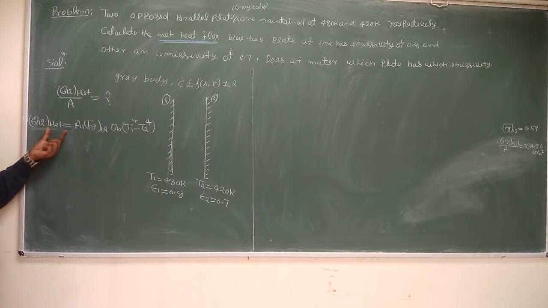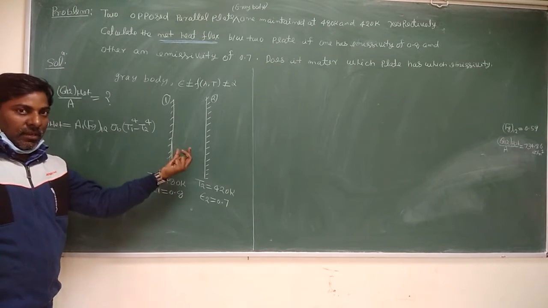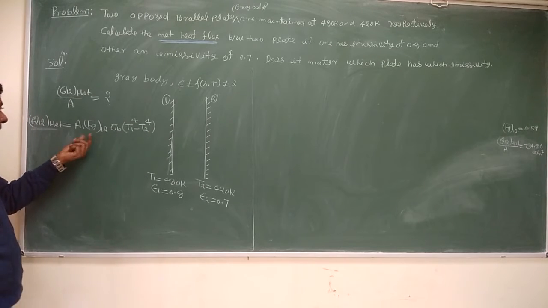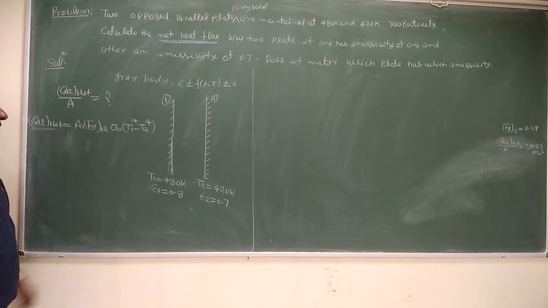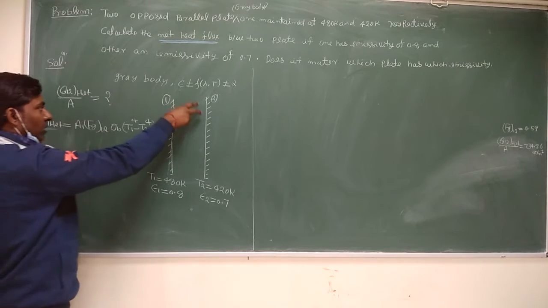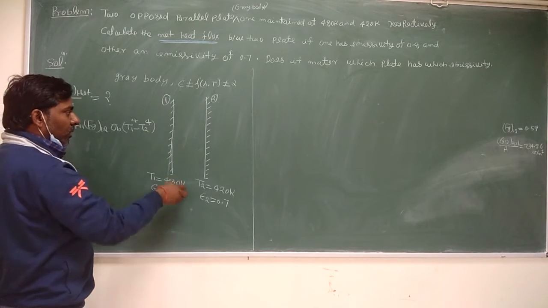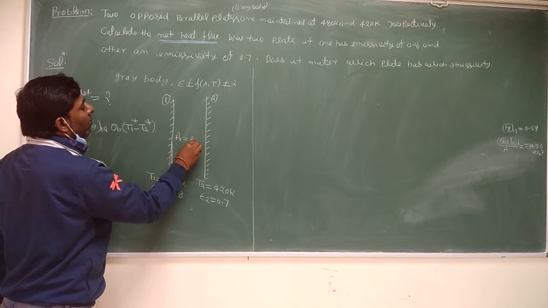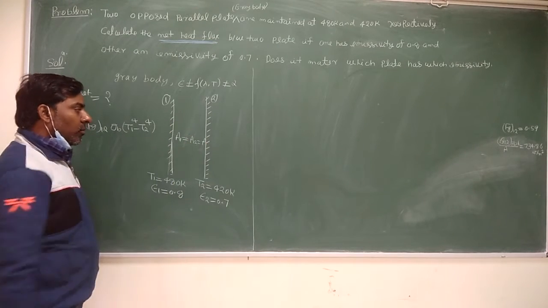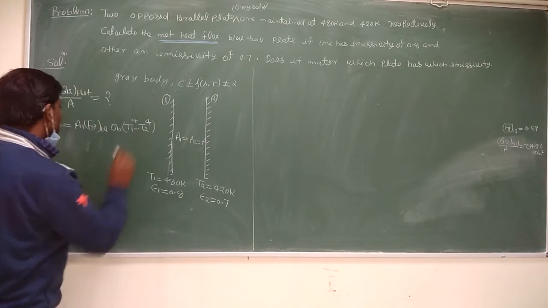This net heat transfer rate between any two bodies, not only parallel plates, can be applied anywhere. These are two exactly symmetrical parallel plates, so their areas will be the same. A1 is equal to A2, let us say the area is A.